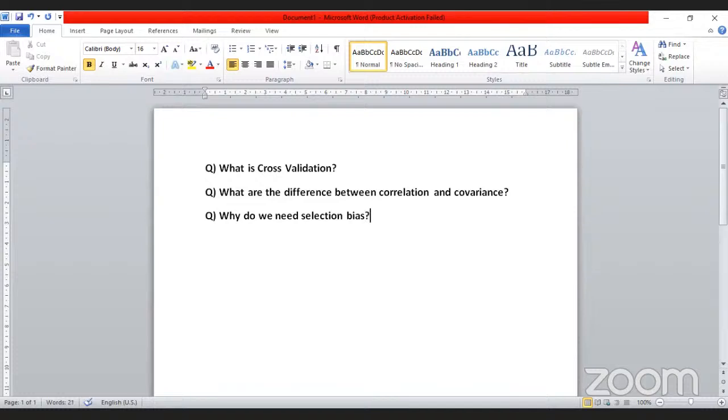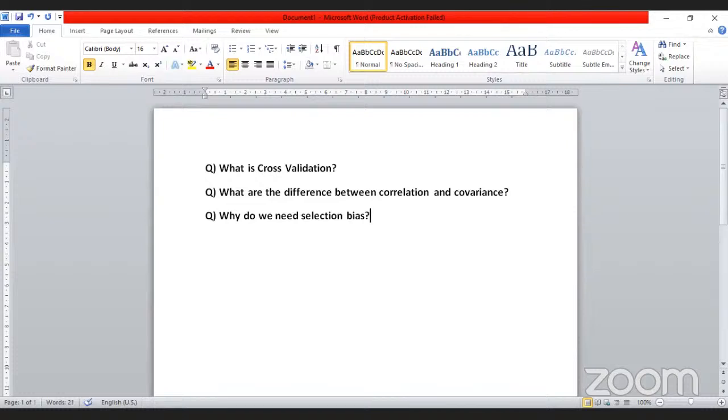That selection bias is telling us that whatever sample we have taken does not represent the whole population to be analyzed, right? This helps us to question whether we have selected the right data for analysis or not. Whenever we are taking a sample, what is our actual scenario?